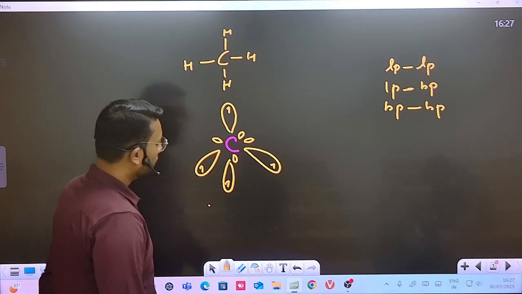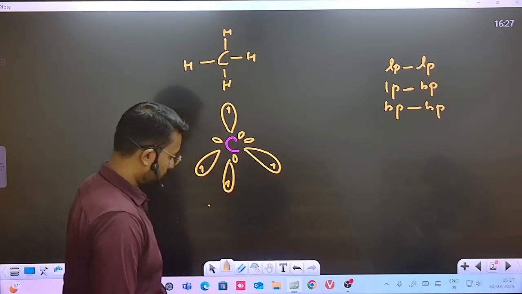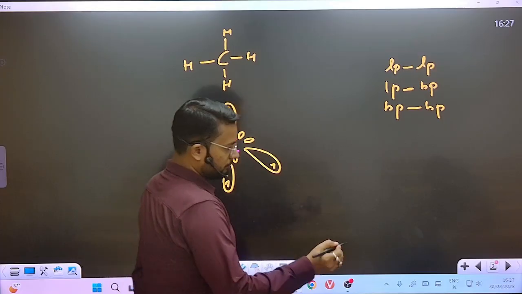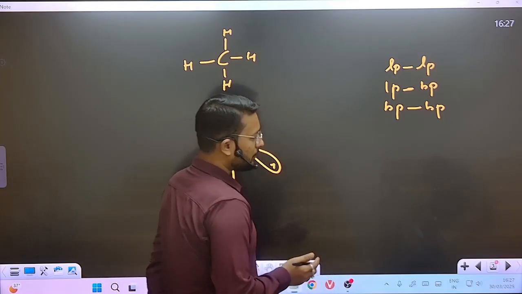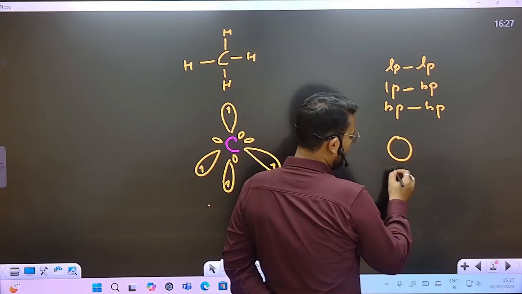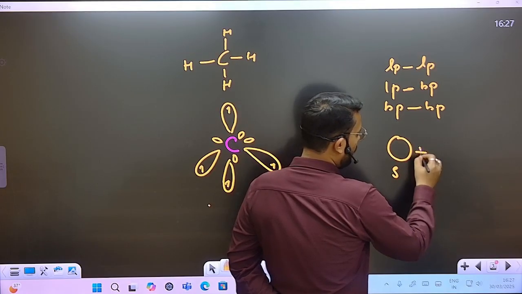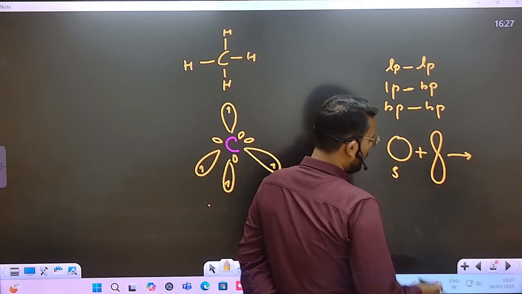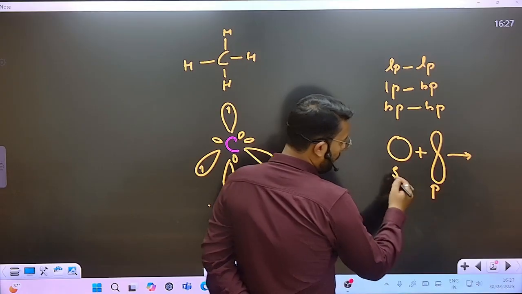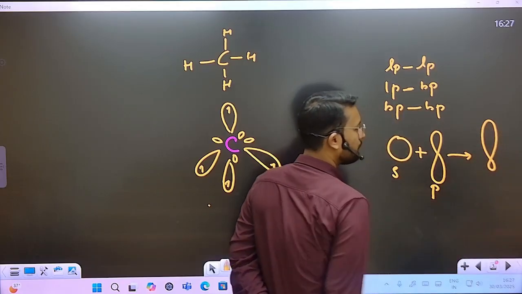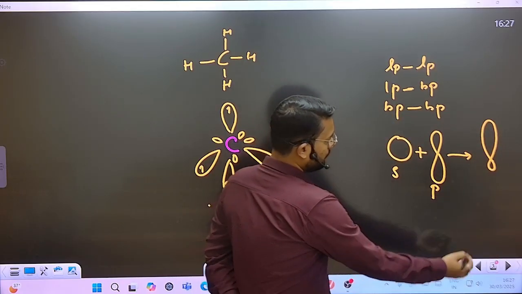So sir, how are these orbitals formed? How is this shape attained? Let's move on to a small basic concept: the s orbital is what? Spherical shape, and the p orbital is what? Dumbbell shape, we all know. Then these two orbitals combine, and they look something like this. This is the hybrid orbital.